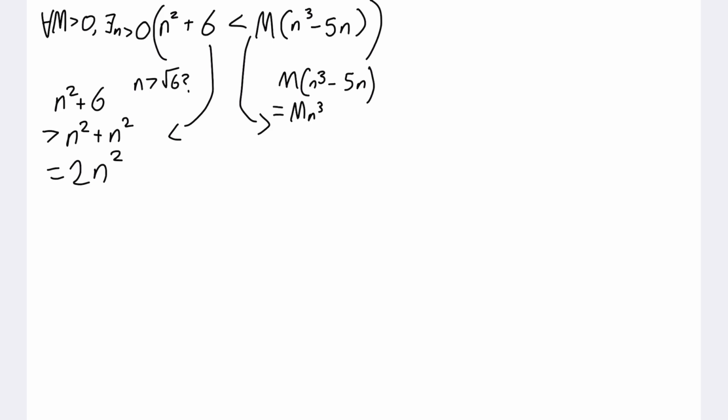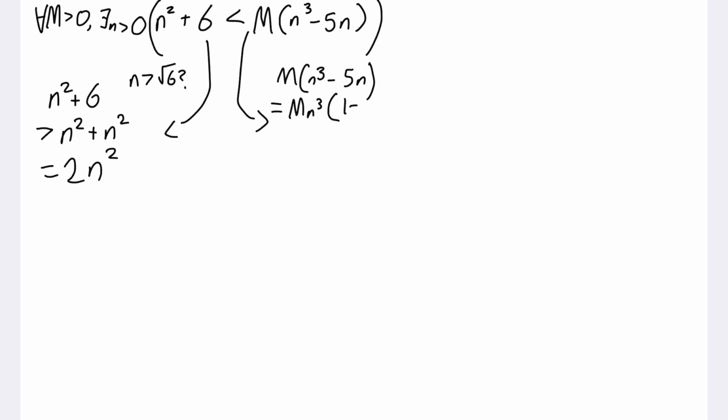So I'm going to factor out the largest term in that set of brackets. And then 5n divided by n cubed is going to be 5 over n squared.